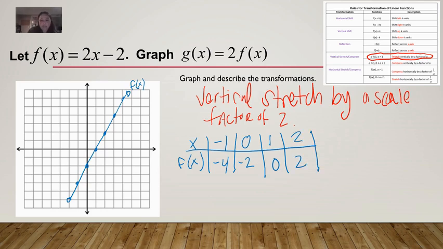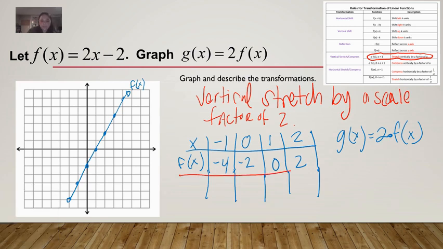Cool. All right. Now, in order to get g of x, I have to double whatever f of x is. Okay? I have to double it, multiply it by f of x. So that means I'm going to go ahead and change my pen here to like a red one.